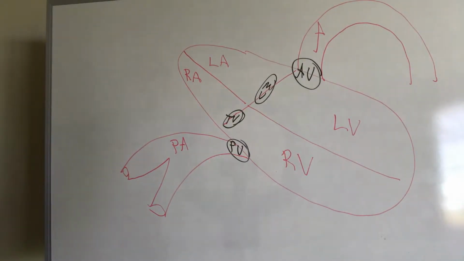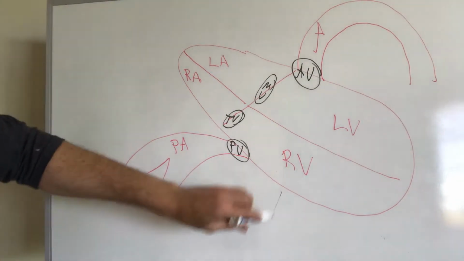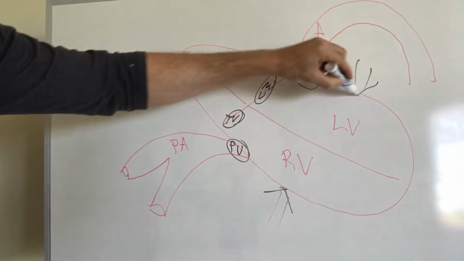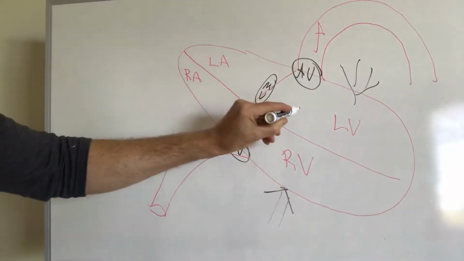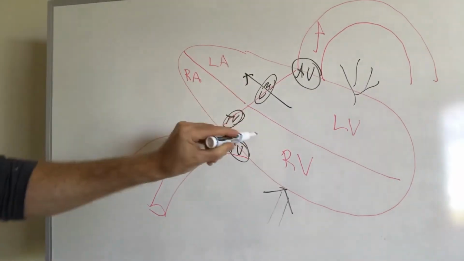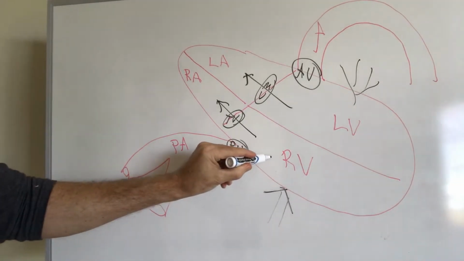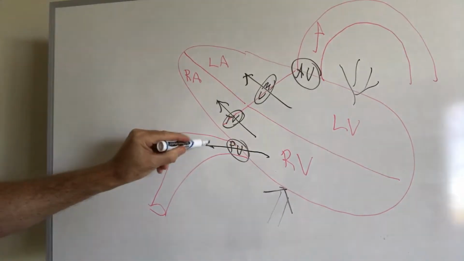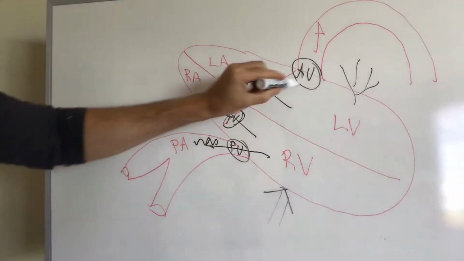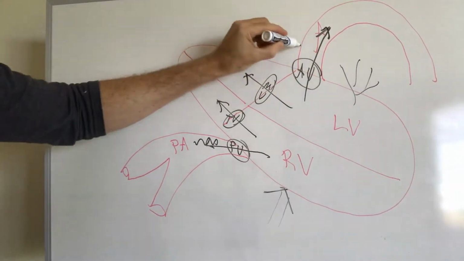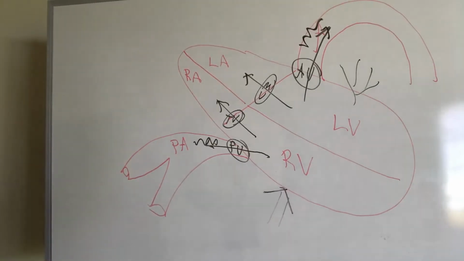So the reason that you get some of these murmurs during systole is when the ventricles contract, you get regurgitation through the incompetent mitral valve and the incompetent tricuspid valve, causing regurgitation murmurs. And then with the pulmonary valve and the aortic valve, you get noise if they're stenotic, because as the blood flows through, it makes harsh sounds when it tries to pass through the narrowed opening. So these are the aortic stenosis and pulmonary stenosis.